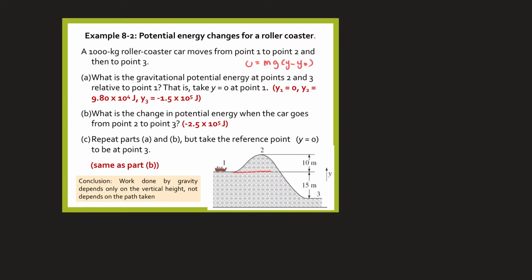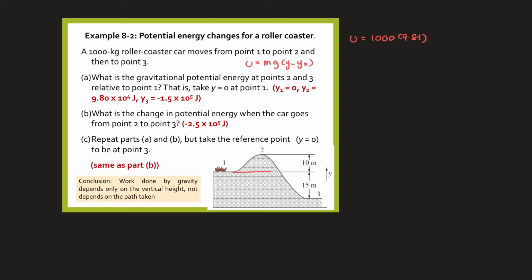So point 1 to point 2 and point 1 to point 3. For point 1 to point 2, you are going to get U equals m, which is 1000, times g, which is 9.81. Please take note: don't put g as negative 9.81, because g is basically a scalar. The potential energy is a scalar. You are going to put your direction in the y and y naught.